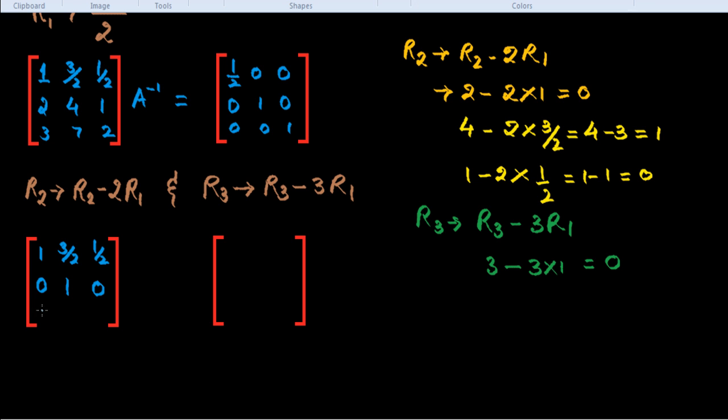So it is 0 now. For here, see, it is 7. So you write 7 here, minus 3 into, and this R1 is 3 by 2. So we get here 7 minus 9 by 2, which would be 14 minus 9 over 2, which would be 5 by 2. 5 over 2. So it is 5 over 2 now.